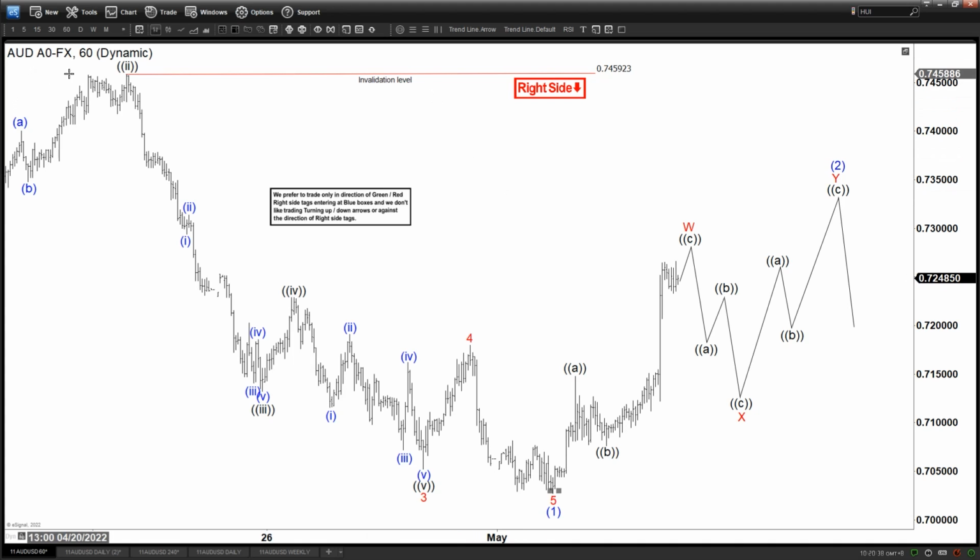Now, in this Aussie dollar US dollar chart, we're going to take a look specifically at this instrument. But remember, everything in the market is correlated, right? So if people only look at the S&P and trade only the S&P, they are missing the point, because the whole market is correlated.